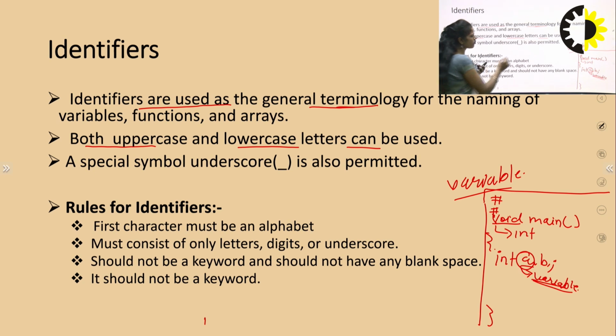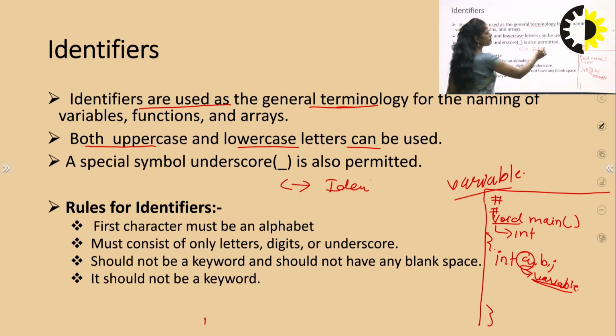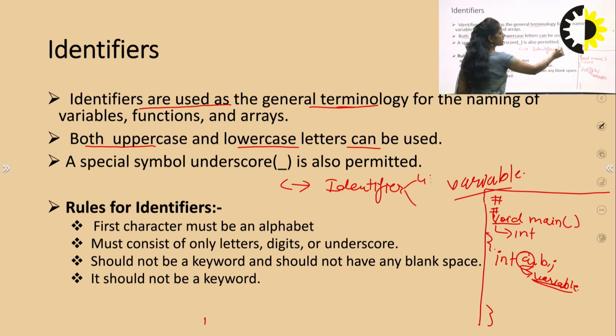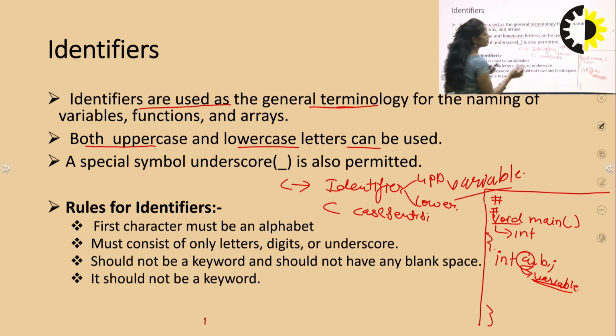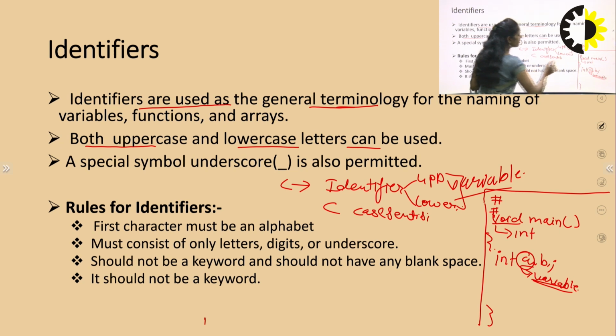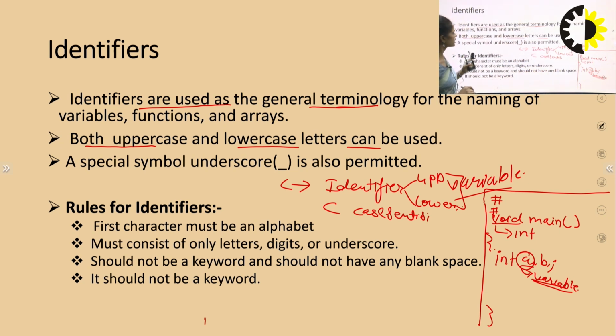In the C language, identifiers may be in uppercase and lowercase. But as we know, C is a case sensitive language, so we have to care about where we use uppercase and lowercase in an identifier.